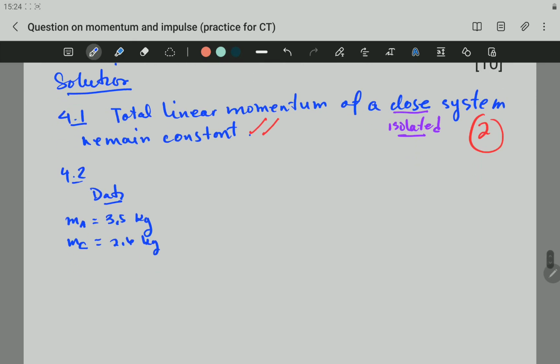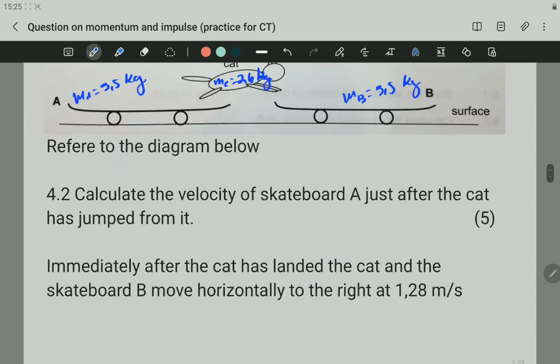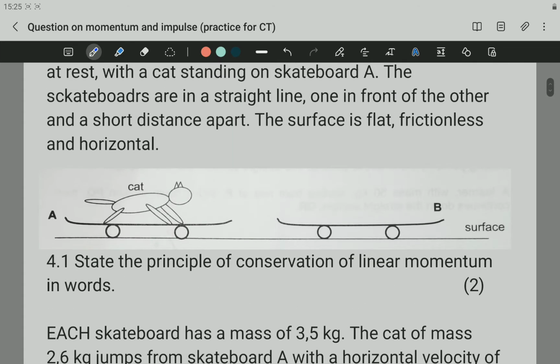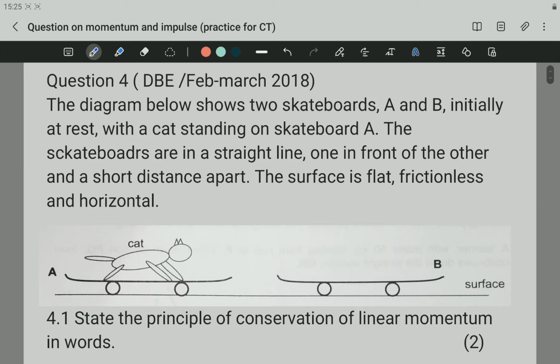We know that the initial velocity of A is equal to 0. They are not moving, and the initial velocity of the cat is equal to 0, because it's right on the skateboard and they are not moving. The question said the cat on the skateboard is not moving. It's at the beginning here, cat standing on skateboard A.